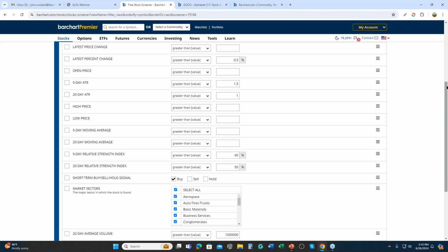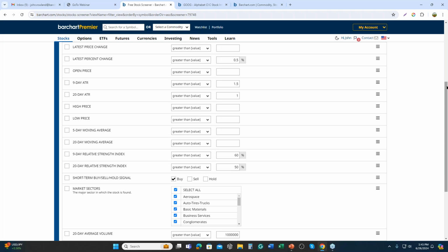So first of all, last price, right? The change, is it up or down from yesterday? How much is that change in percentage? And again, here I'm just using, I want to see up 0.5%. Now, again, as a day trader, you might not want to see that large of a move, right?